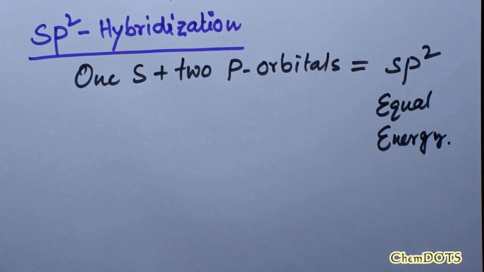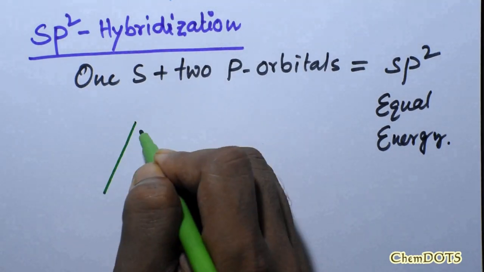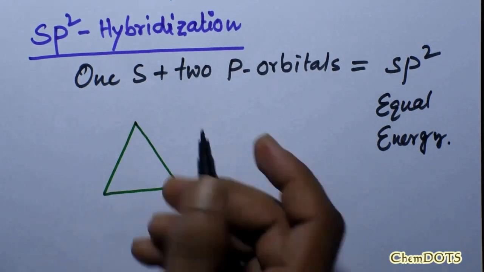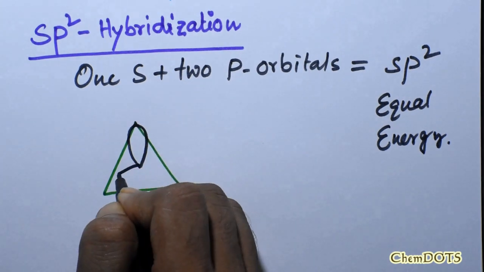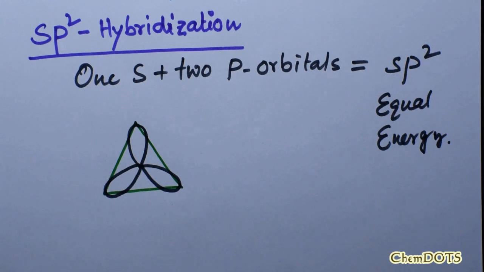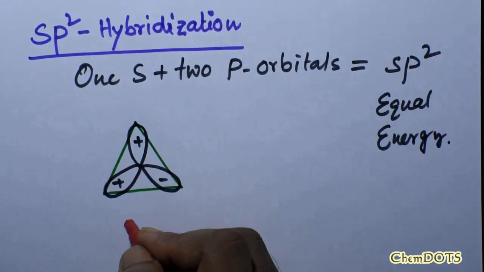Now let's draw the structure of sp2 hybridized orbitals. Let's say this is an equilateral triangle with 3 corners. The 3 hybrid orbitals, that is sp2 hybridized orbitals, point to the 3 corners of an equilateral triangle and they are coplanar.